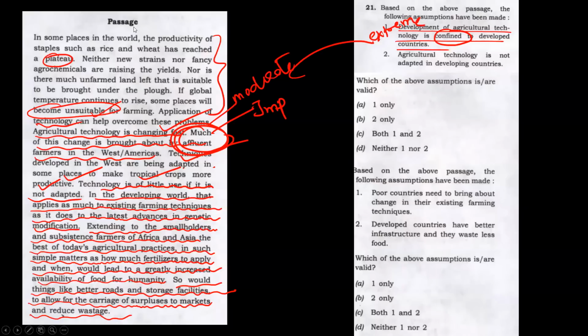Then agriculture technology is not adopted in developing countries. Again, you see, some are adopting, some places, and it's saying not. So this is what I'm trying to tell you. UPSC is framing the question like this.